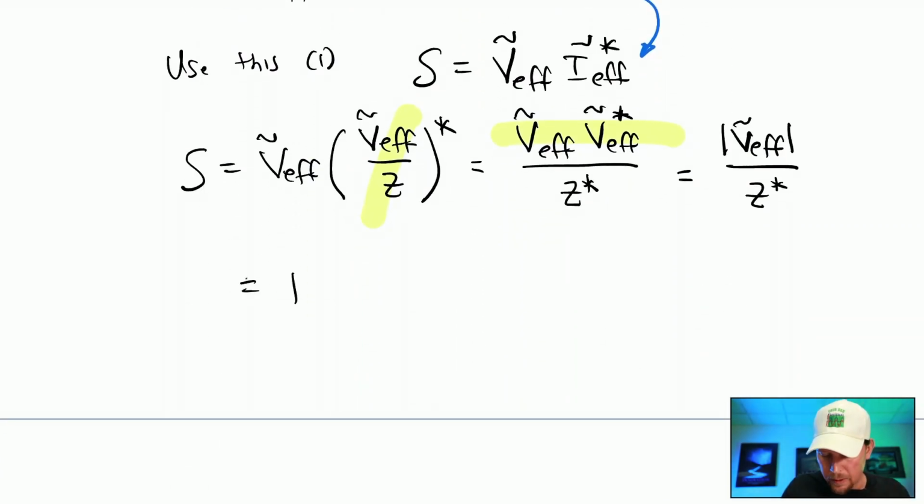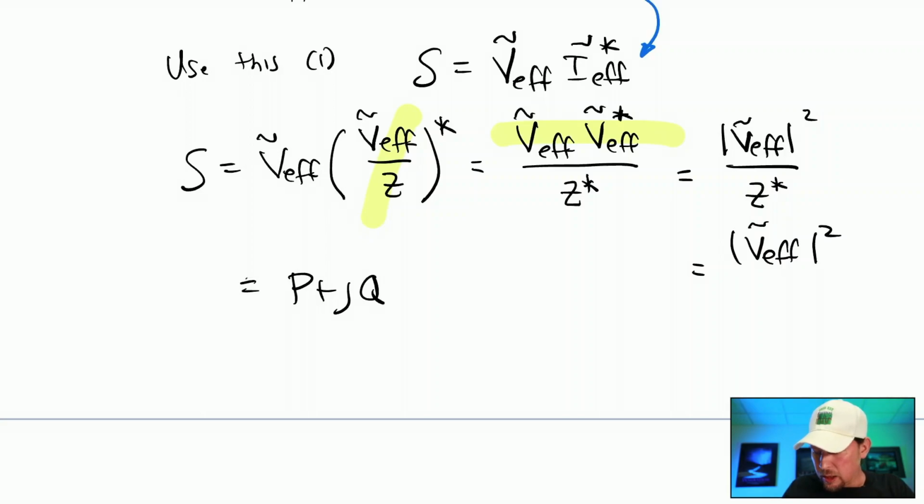Now, notice that you cannot split this apart very easily because the impedance here is actually in the denominator. So this is R plus jX, right? And you actually have to do a lot more work in order to turn it into this particular form.